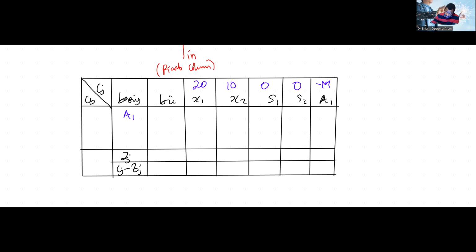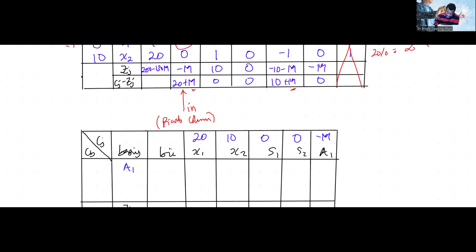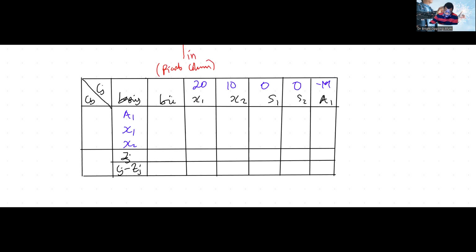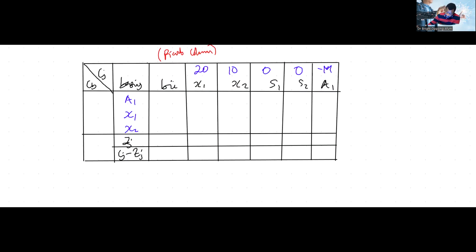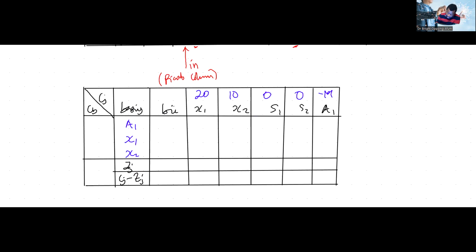Now S1 is being replaced by X1, right? So we'll have X1 here, and this is X2. What are the coefficients of the basis solution here? A1 is negative M, X1 is 20, X2 is 10.